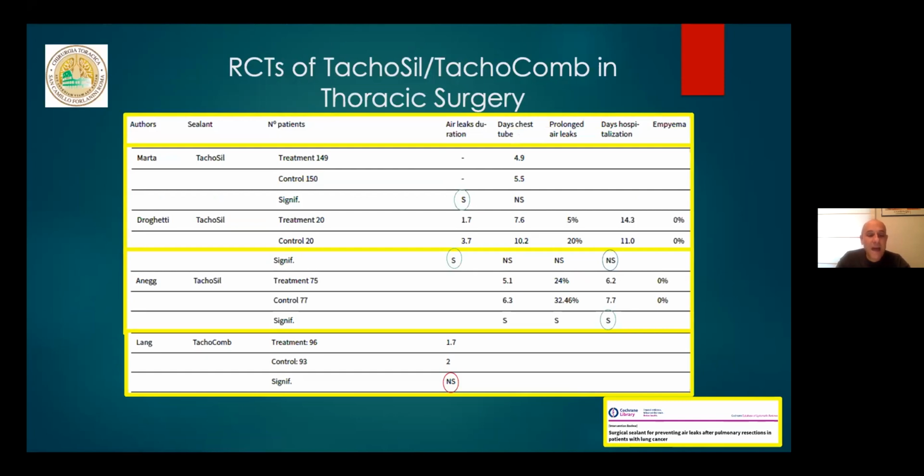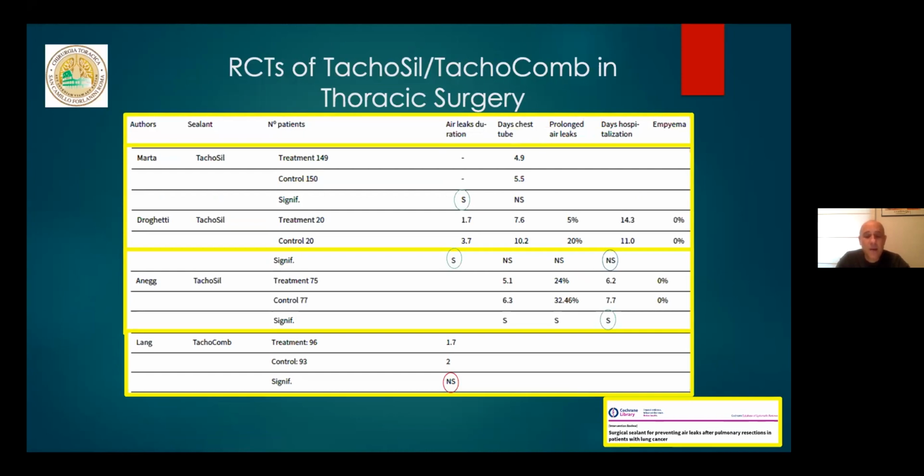Lang in his study investigated TachoComb, which is an absorbable patch consisting of an equine collagen fleece coated with human fibrinogen and human thrombin.